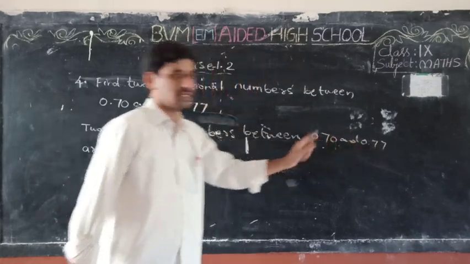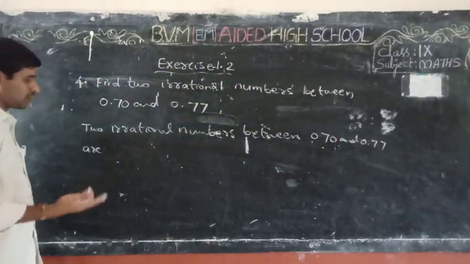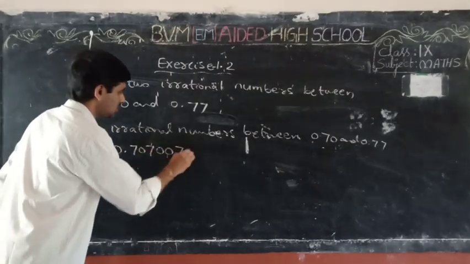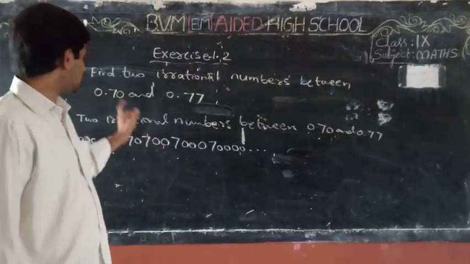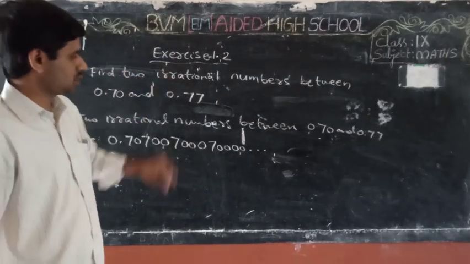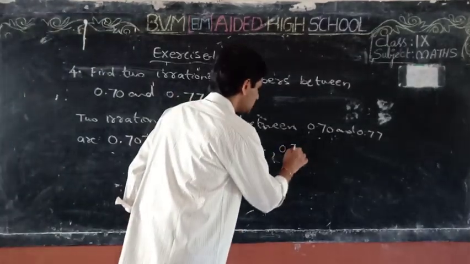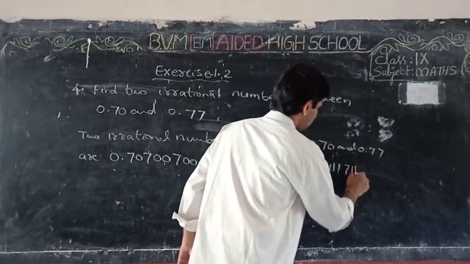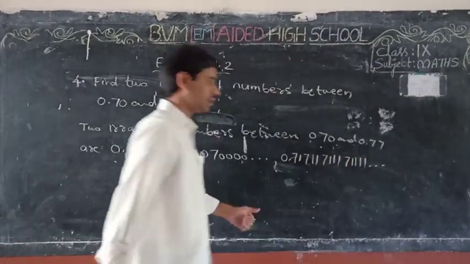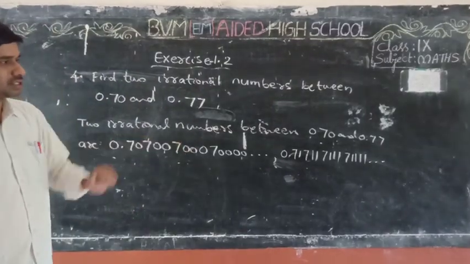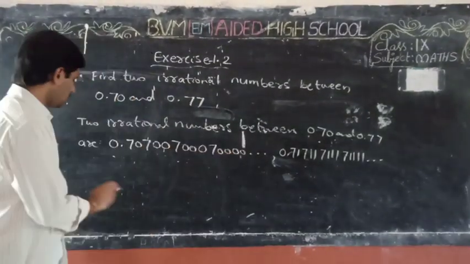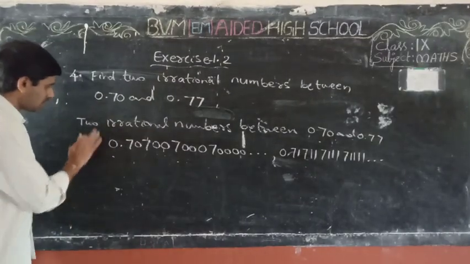In between 70 and 77 you can write a non-terminating, non-recurring decimal like this, 0.7070070000. Here this is one example. We need to write two irrational numbers. So another one, 0.71, 711, 7111. You can write any non-terminating, non-recurring decimal, but the easiest method is to write non-terminating, non-recurring decimals between these two.